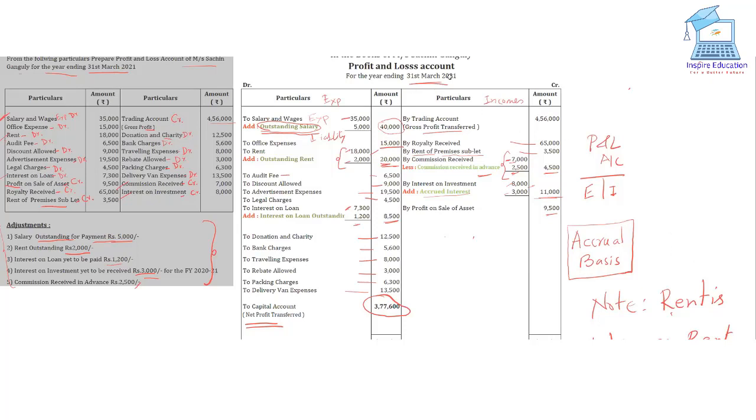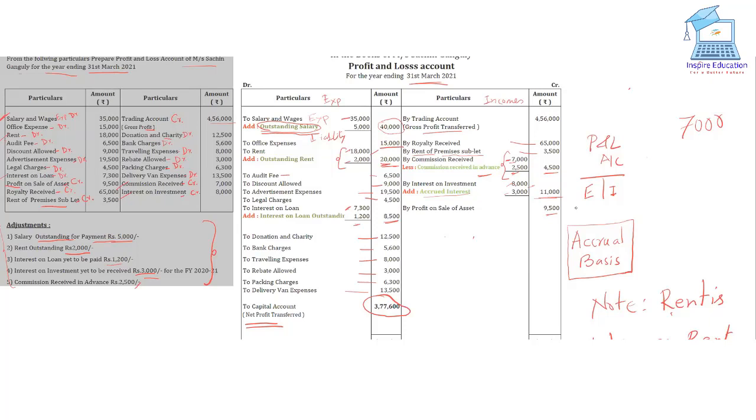Sir, regarding commission. The commission received is 7,000. The overall commission is 4,500 or 7,000, sir? See, commission received, I have received 7,000. But in the question or adjustment it is given that out of this 7,000, there is 2,500 rupees we have received in advance. In advance means not pertaining to this financial year.